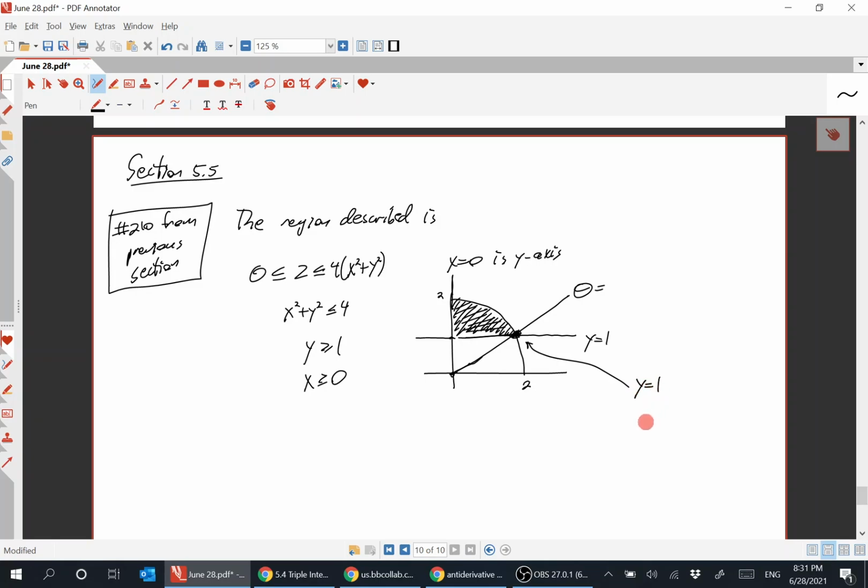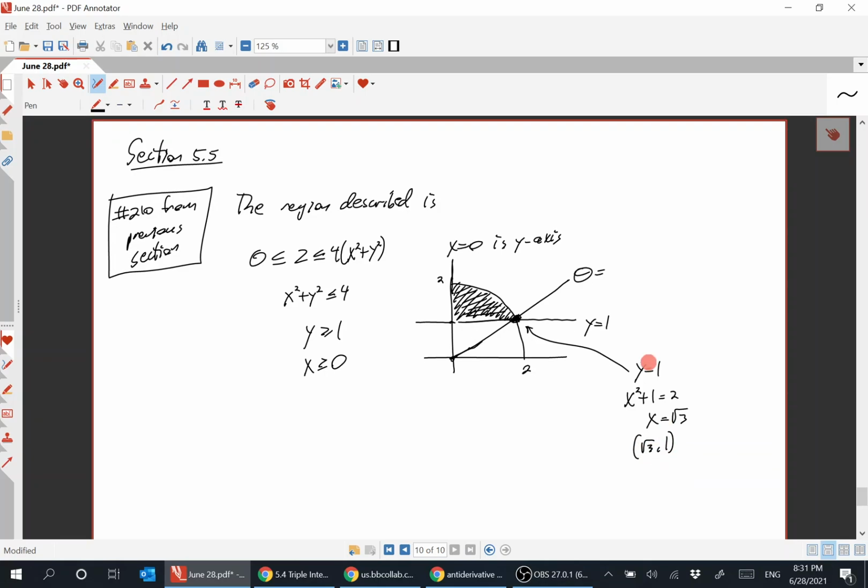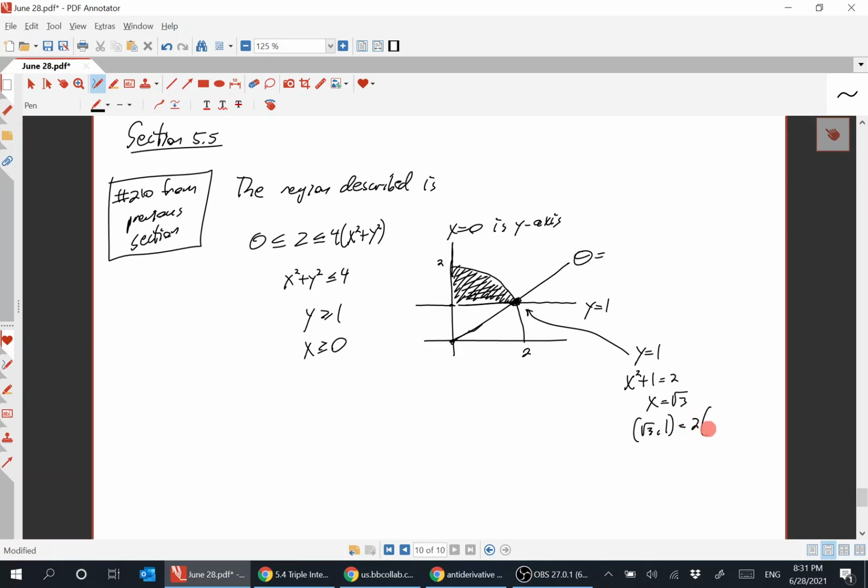So y equals 1, and then x squared plus y squared is equal to 4, so x is equal to root 3. So that's the point root 3 and then 1. I guess what I drew at first was not so bad.